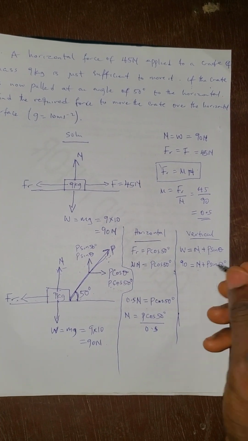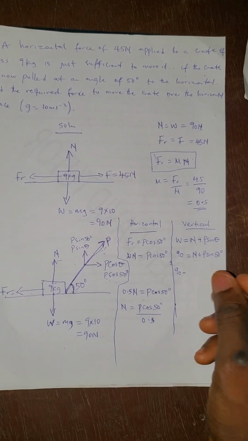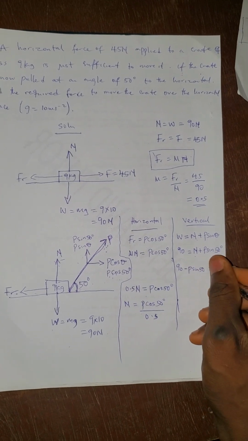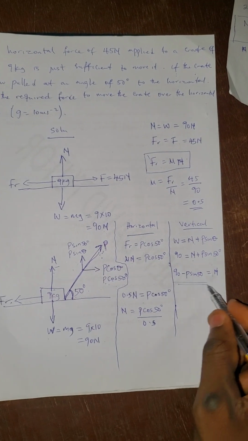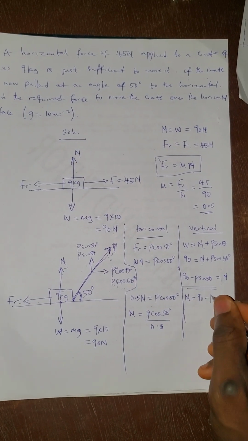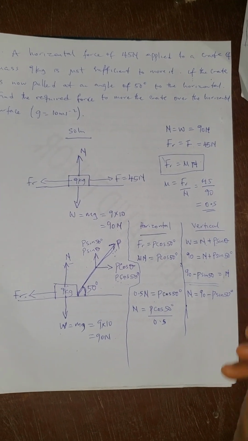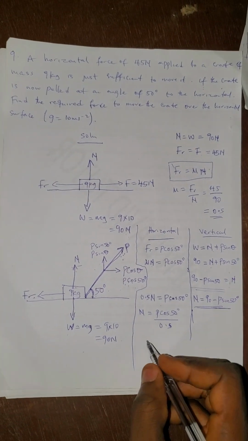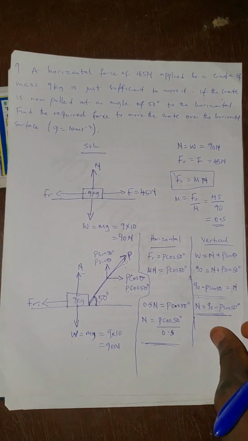We can have it to be 90 minus, if you take this one, it will become minus P sin 50 to be equal to N. So N is 90 minus P sin 50 degrees according to vertical, but according to horizontal, N is equal to P cos 50 over 0.5.